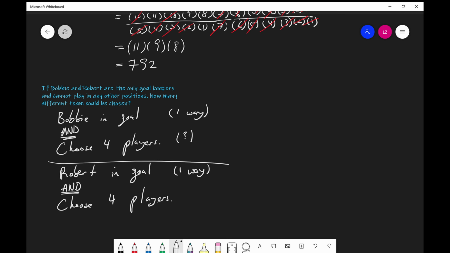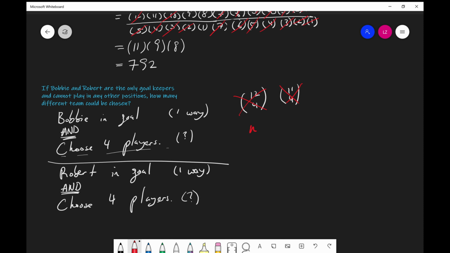Now, it might be tempting to just write 12 choose 4 or even 11 choose 4, because you thought, since Bobby is in goal, that means we have 11 players left. But that's not true in either case because, again, both Bobby and Robert are only available as goalkeepers and cannot do any other positions. So when Bobby is in goal, Robert is still unavailable because he can't play anything else. So you're actually down to a total of 10 choices.